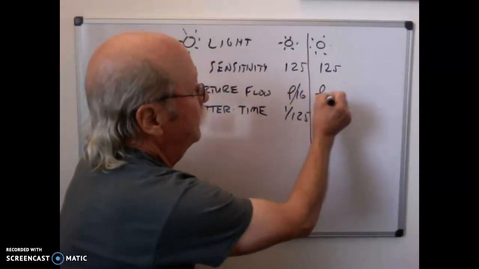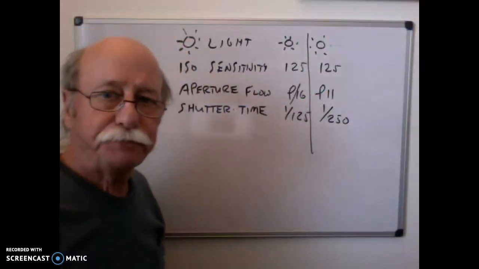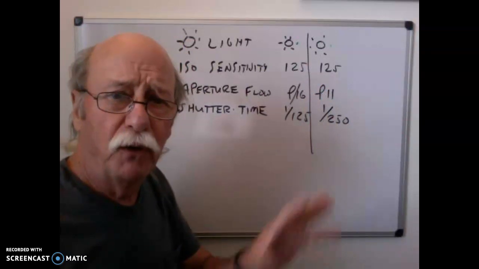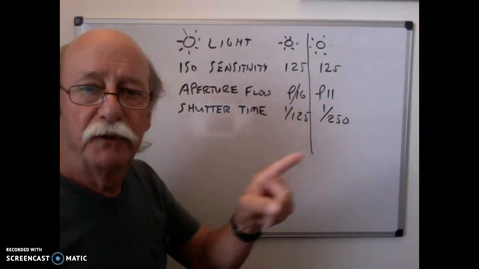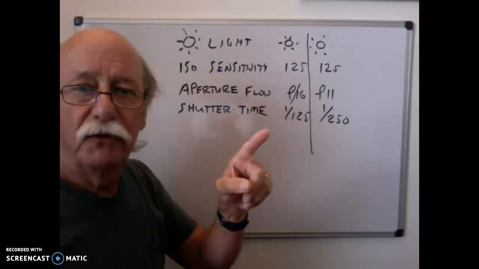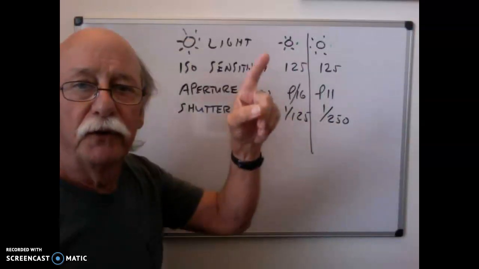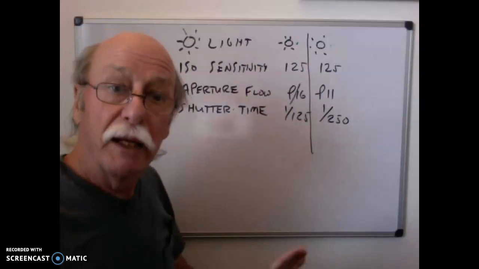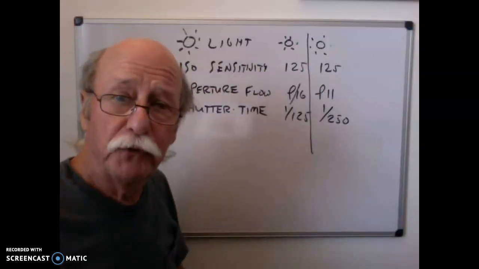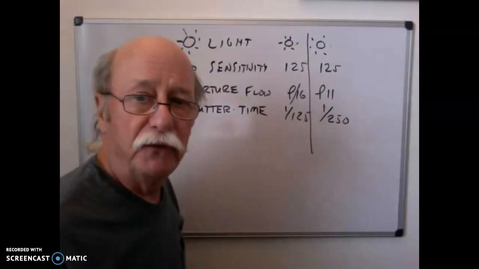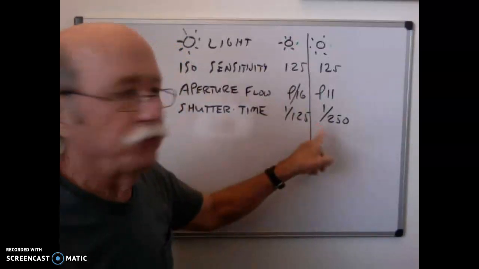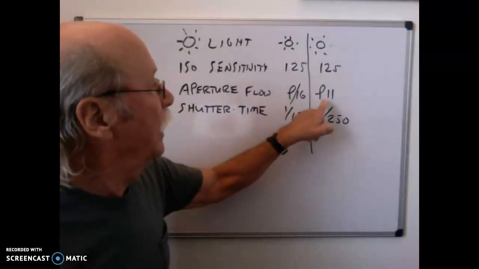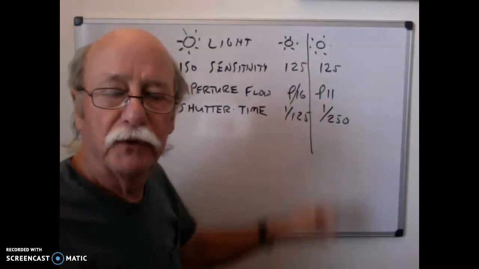That number happens to be f11. f11 is twice as big a hole as f16, half as long, 250, half as long as 125th, same ISO, same light. Boom, I am going to get the same exposure in each of these combinations, and therefore I will simply be able to stop the horse's movement and yet still get a good exposure because I've opened the aperture bigger.